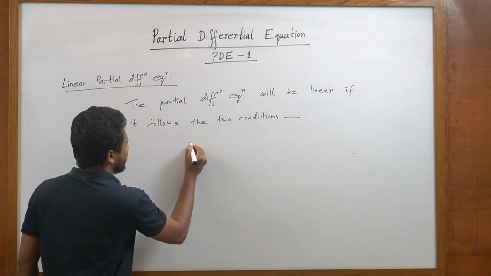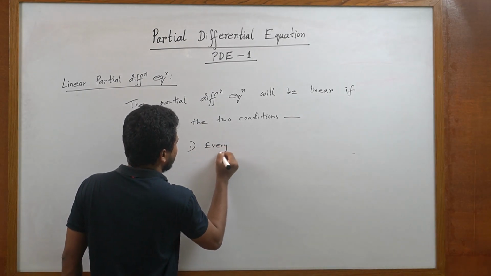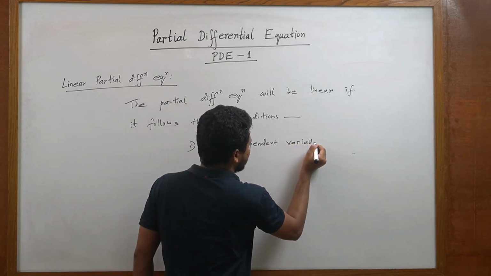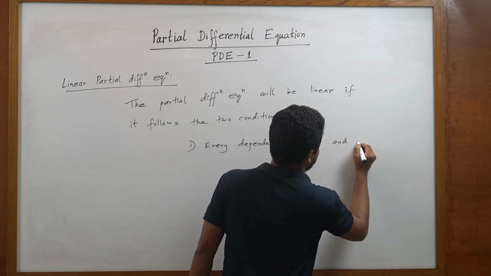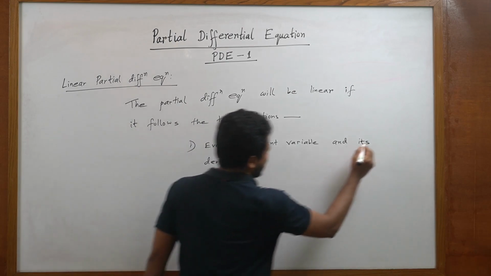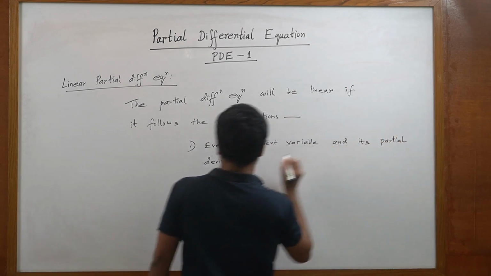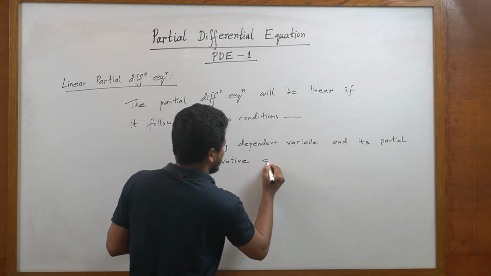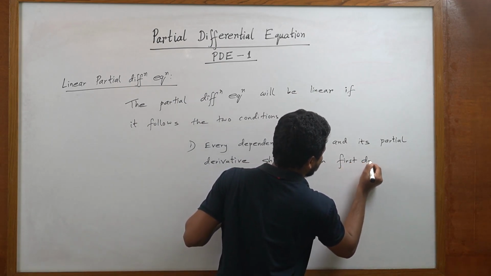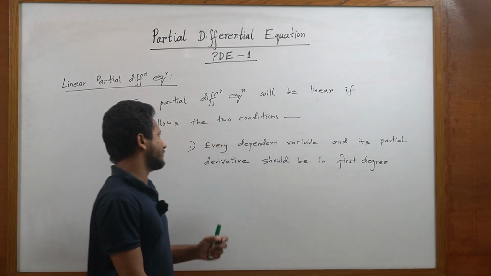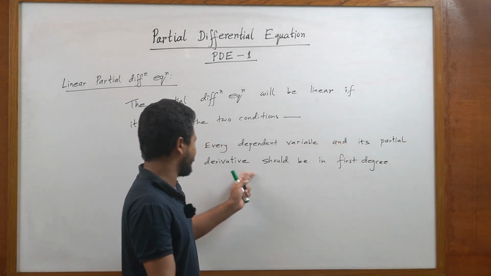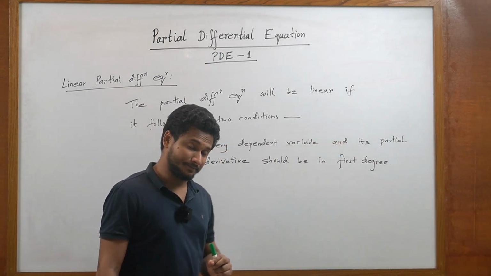The first condition is every dependent variable and its partial derivative should be in first degree. That means the exponent of the dependent variable and the power of the partial derivative is 1.